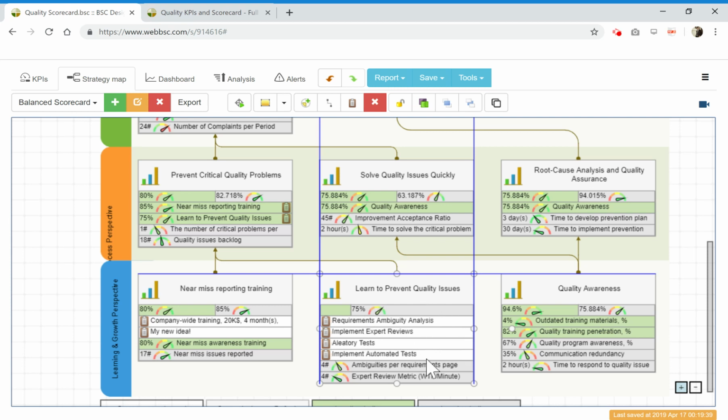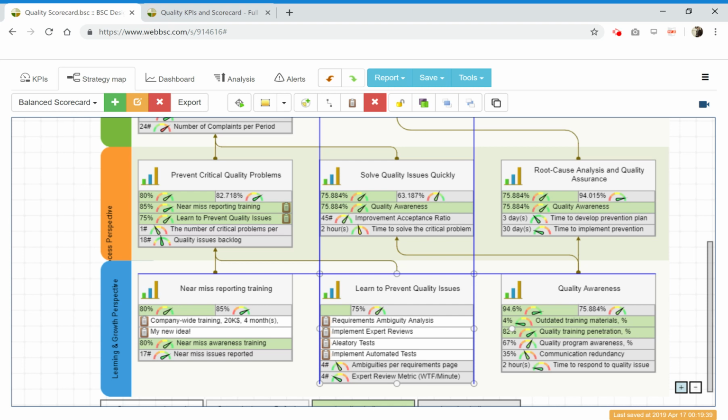Here I have some initiatives and they are explained in detail in the article. Basically what we want to do is to analyze the requirements. We look at the requirements, we sit down together with one or two experts and review the requirements for the product, and if we find some ambiguities, we stop and we count on this.